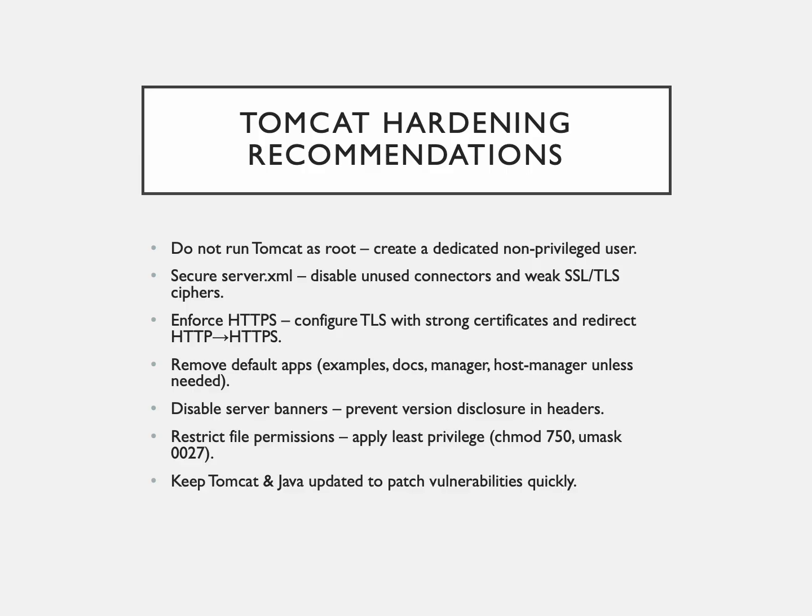Fourth would be to remove any of the default apps, for example, docs, manager, and host-manager, unless it's absolutely needed. The fifth one would be to disable server banners to prevent version disclosure. And sixth would be to restrict file permissions using least privilege. And the last one would be, of course, keep both Tomcat and Java updated to patch any vulnerabilities as quickly as possible.